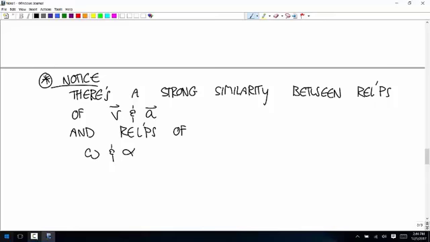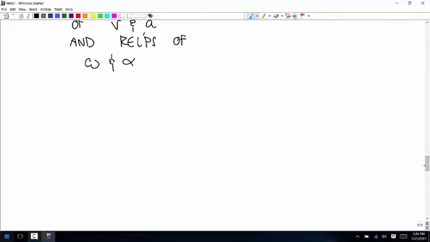Okay. And so I want to write this table of these. So in one column of the table, I'm going to put all the translational stuff that we're used to. And in the other one, I'm going to put the corresponding, analogous rotational things.